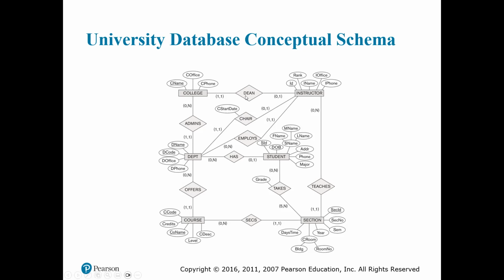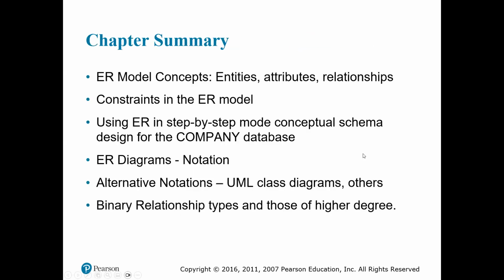Every college has a dean, which will also be an instructor. A department has students. A department offers courses. Courses will be broken into sections. An instructor teaches a section. So all standard. I don't see any compound or composite attributes. Nope. Good. They're bad practice.